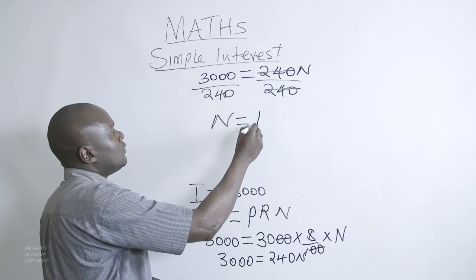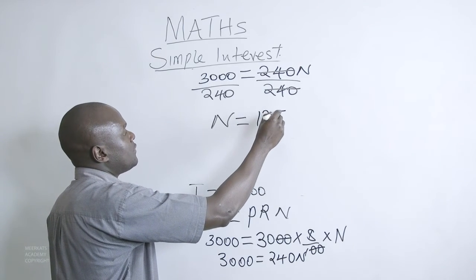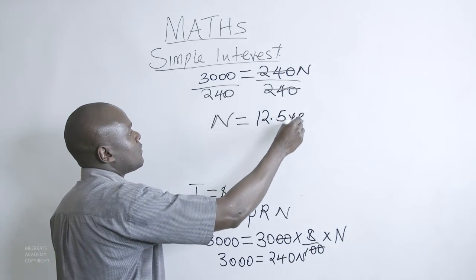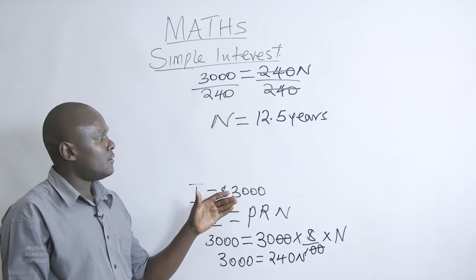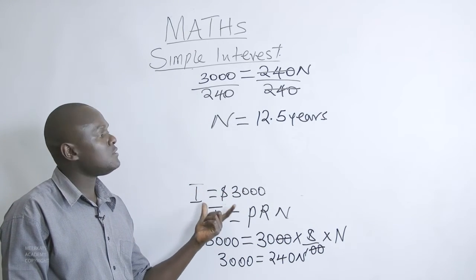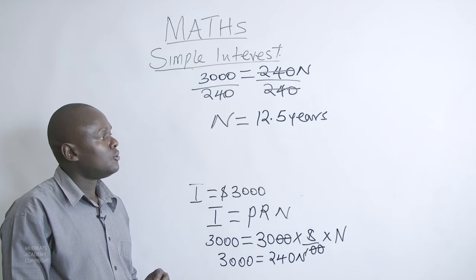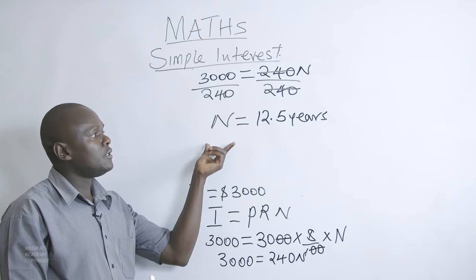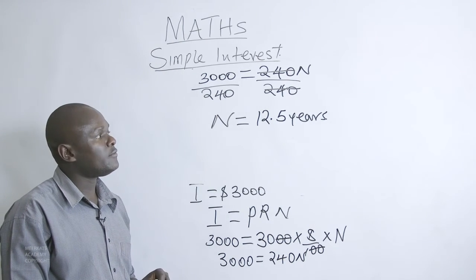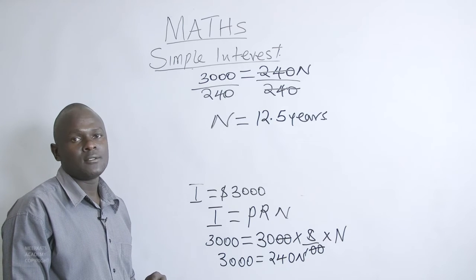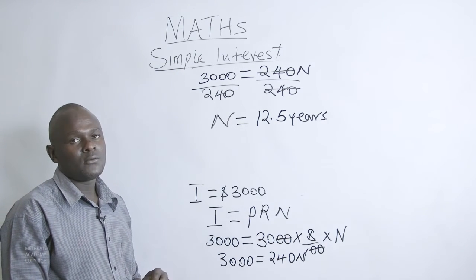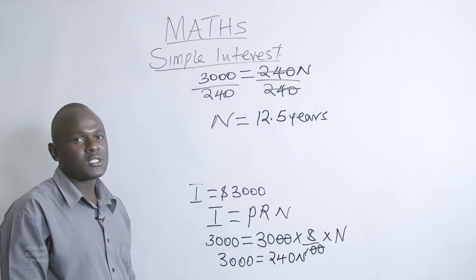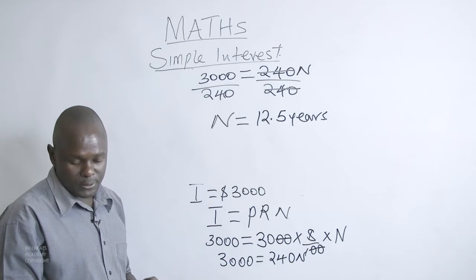This will give us 12.5, which is 12.5 years. So for his investment to double, Jonathan will need a period of 12.5 years for the principal amount of $3,000 to double to $6,000. This will be the period.